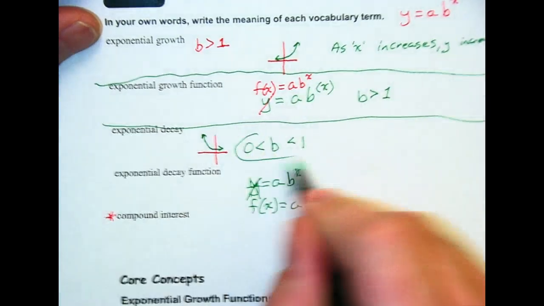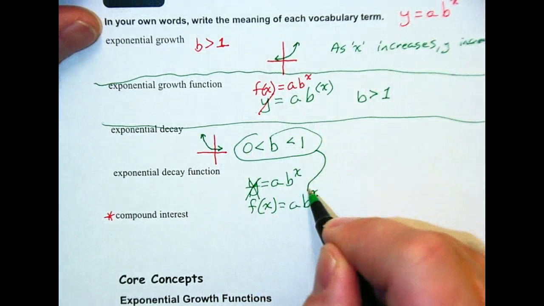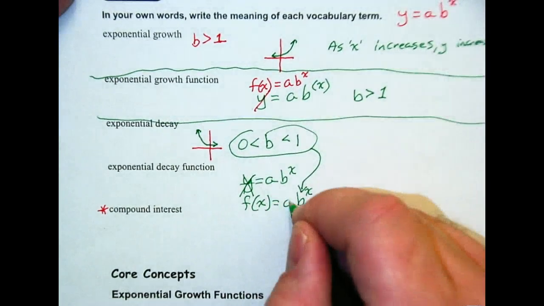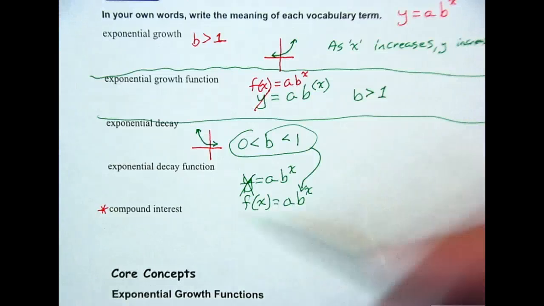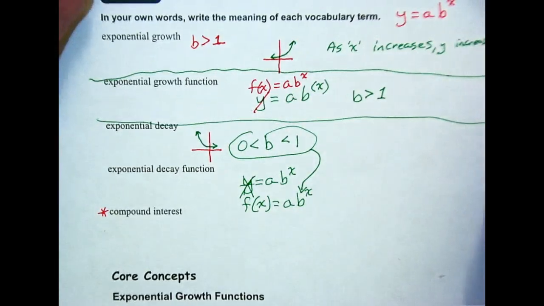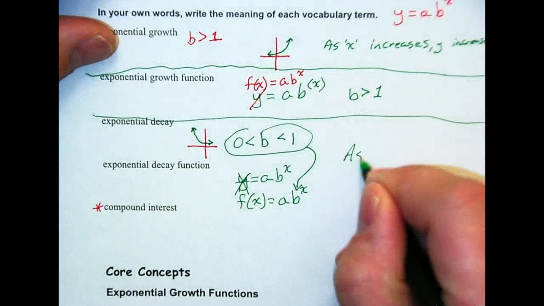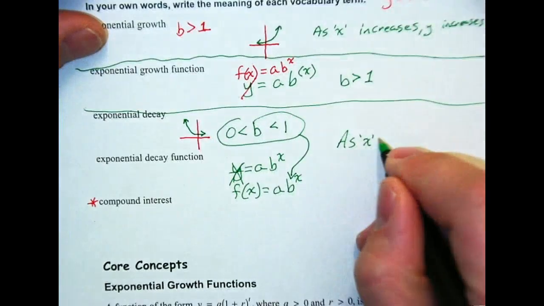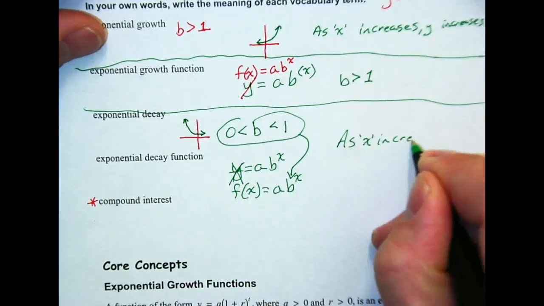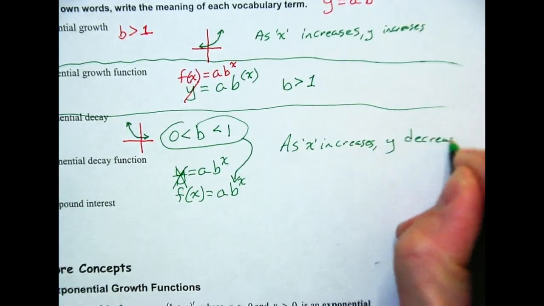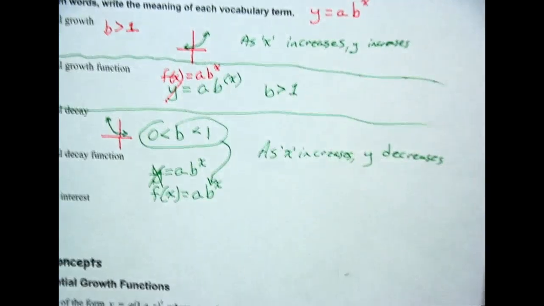This is the piece that we really have to focus on there. For a lot of you, you'll just say, well, that's a fraction. Well, it has to be between 0 and 1. Okay. That's decay. As x increases, go ahead and tell your neighbor what happens with y. Good. Y decreases. Good job. Okay. So that's what we've talked about so far.